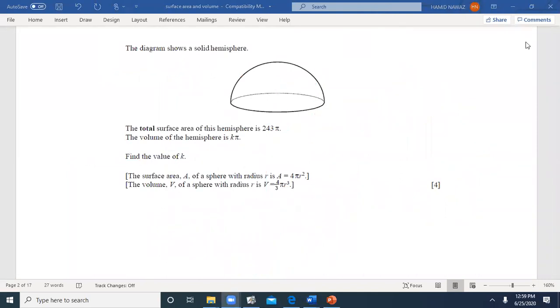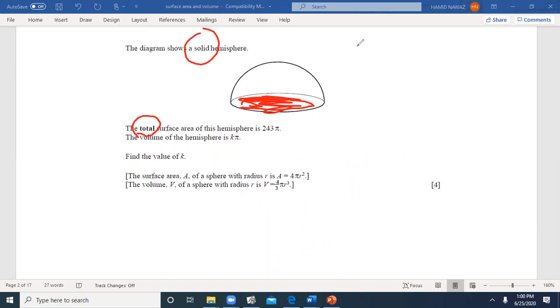Next one, again a solid hemisphere is given. It says the total surface area. Now, please keep these things in your mind, as I said: solid and total. Because solid hemisphere means it also has a face over here. That's why here it says total surface area.